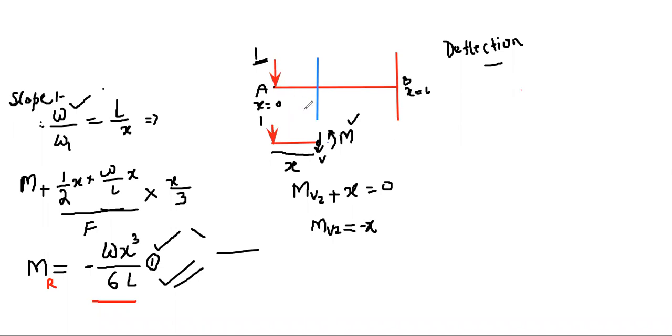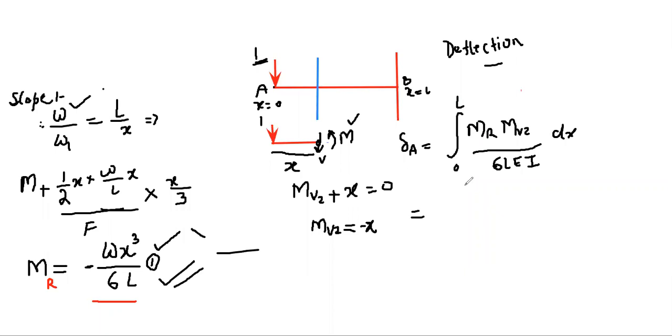Again, the virtual work method formula says the deflection at point A is equal to the integral from 0 to L of the real moment multiplied by the virtual moment, in this case mv2, divided by EI, integrated with respect to x, so dx.